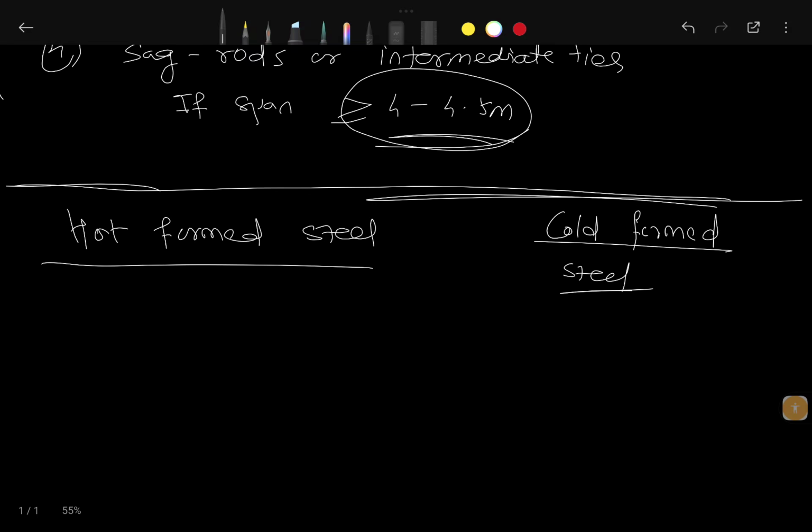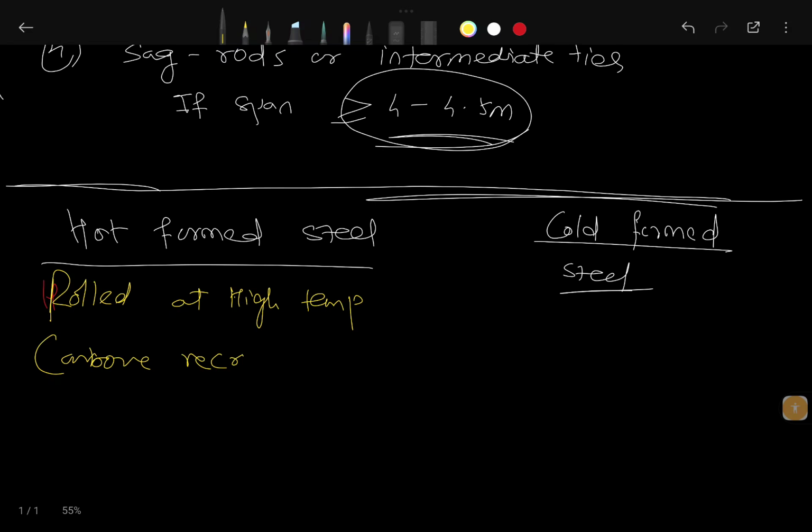Okay, the hot form steel is rolled at high temperature, above recrystallization.